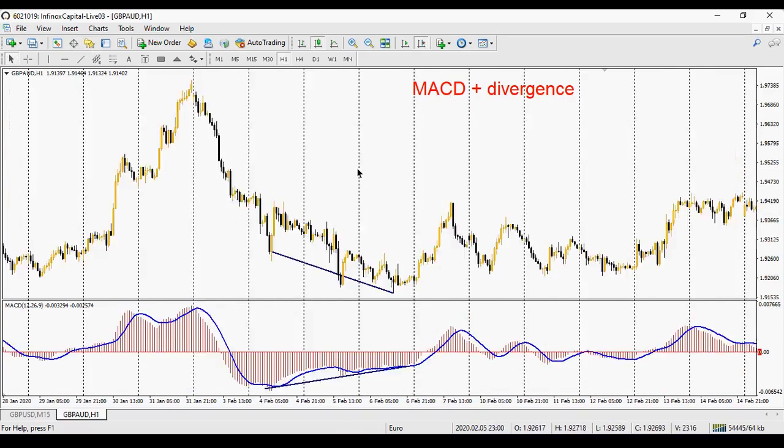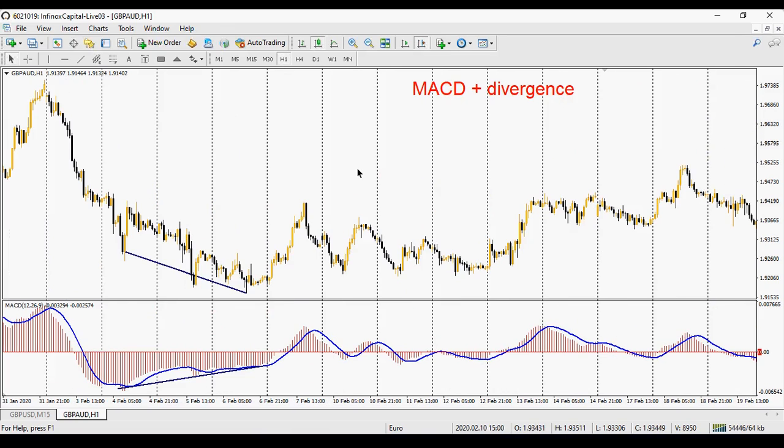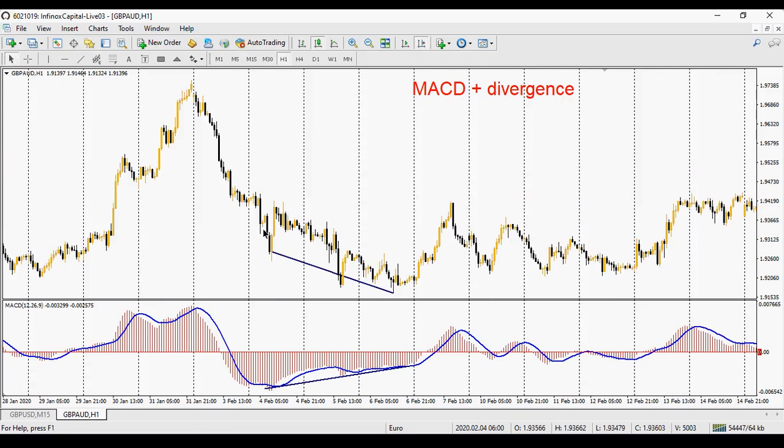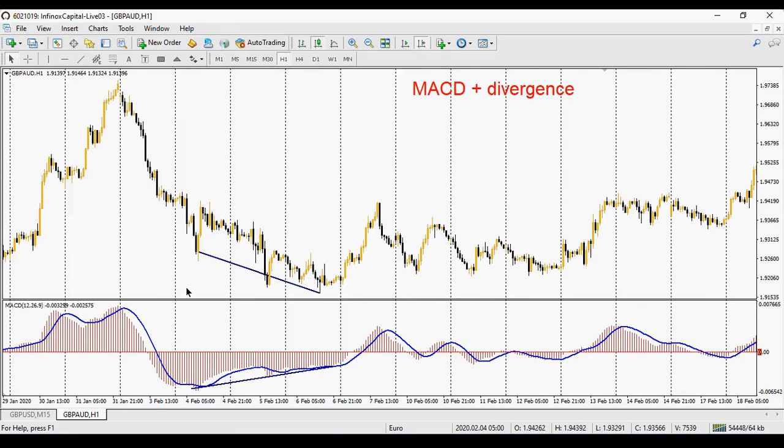Trading it is not different from what I explained to you yesterday. Number one is this. If you look at this example, this MACD actually formed like 3 ridges.